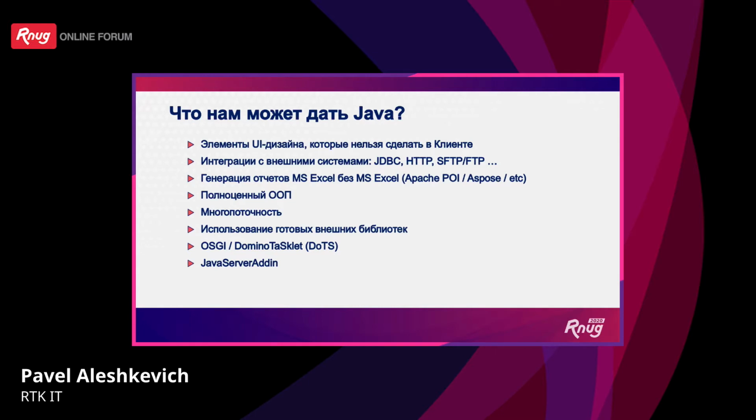Third is the generation of reports in Excel without Excel. You can use Apache POI, Aspose, etc. They're quite different when it comes to functions and limitations as well, so please read the patch notes. Then we have a comprehensive system when it comes to inheritance, compiling, etc. Then we have multithreading. LotusScript is a single-threaded language, and you cannot start two threads at the same time.